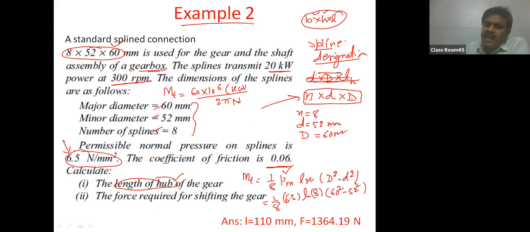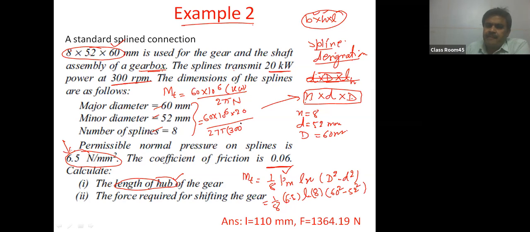So for the RPM I am using capital N. So it is 60 into 10 to the power 6 into power is 20 divided by 2 pi, RPM is 300. So just solve it, find the value of mt in Newton millimeter. तो जरा ऐसे solve करके बताइए कितना, how much value you are getting for the torque.